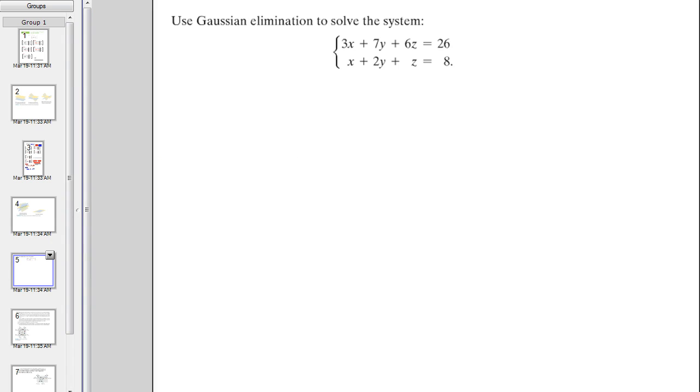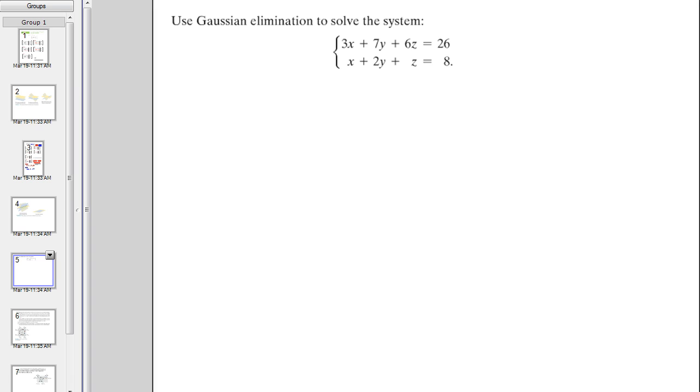All right, now let's try to solve this system with Gaussian elimination. Now the first thing that should stick out to you is there's only 2 equations here. And that should look funny to you because there's 3 variables. If you want to solve a system with a single solution, there has to be an equation for every variable, meaning that if there's 3 variables, x, y, and z, we would technically need 3 equations to solve it.